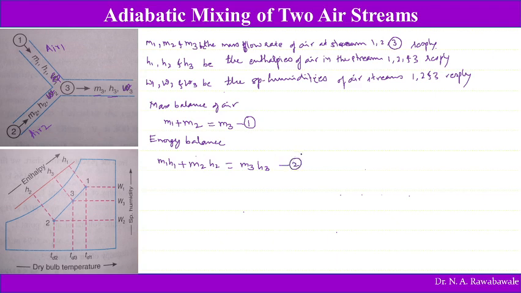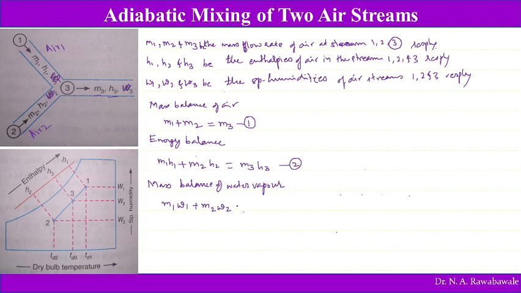Then for mass balance of water vapor, we can write mass of air in stream 1 into omega 1, plus mass of air in stream 2 into omega 2.